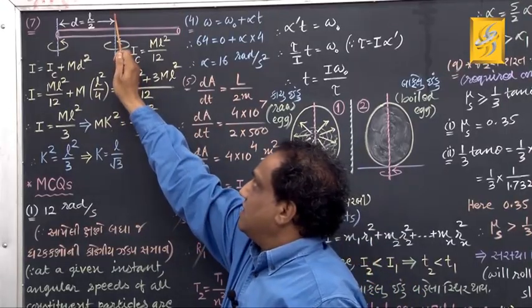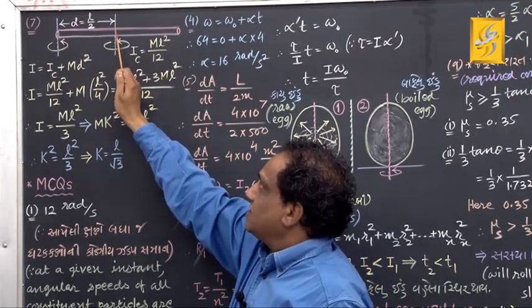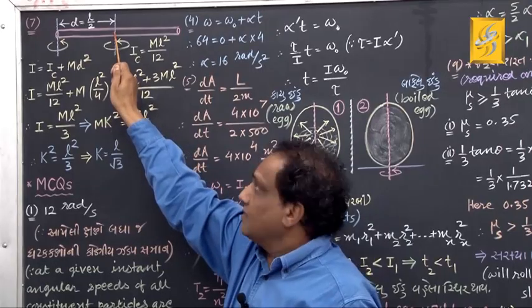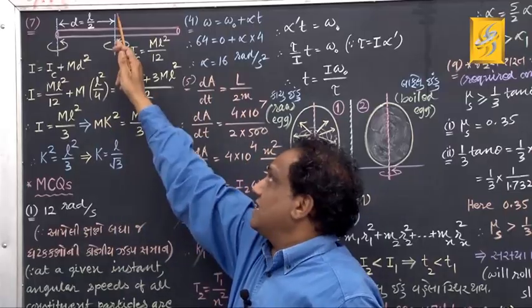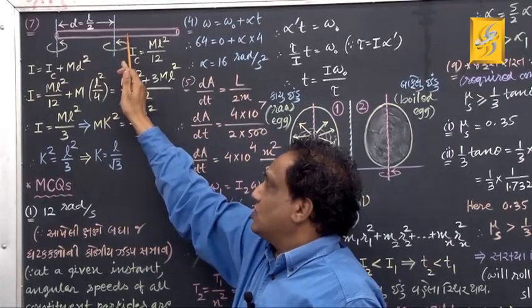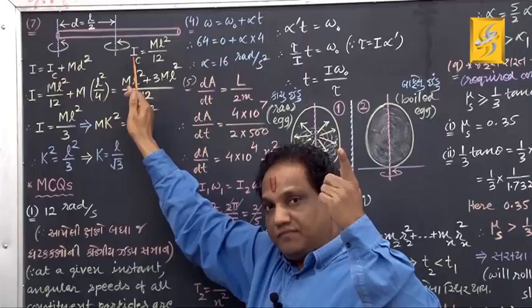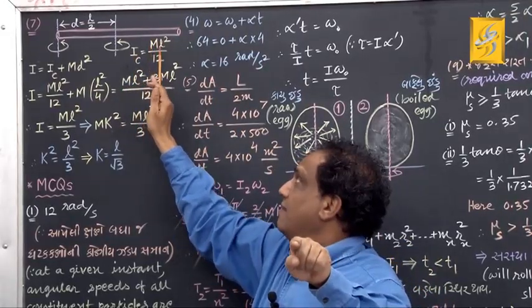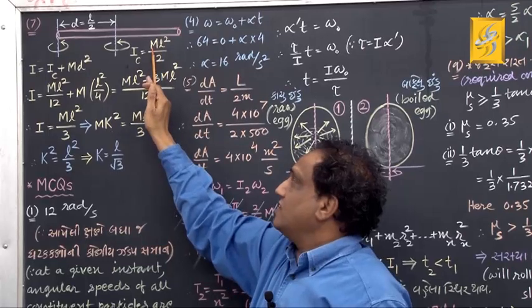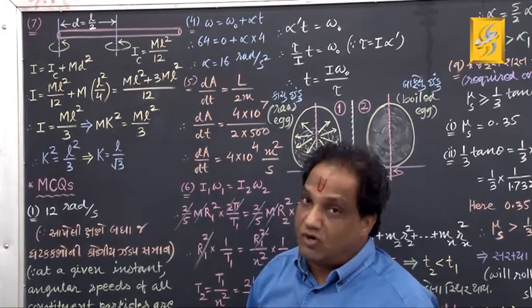First of all, consider this axis which is passing through the center of mass of this rod and perpendicular to the length of the rod. For such an axis, the moment of inertia of this rod we had found out last time in the theoretical part, and it was found to be, remembered by formula, ml square upon 12, where m is mass, l is length of the given rod.